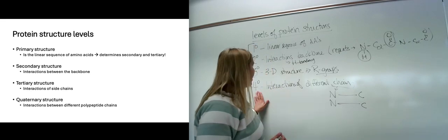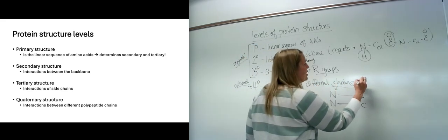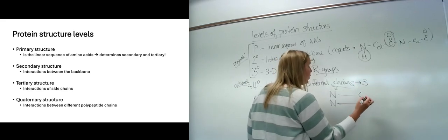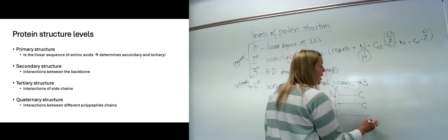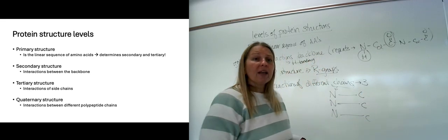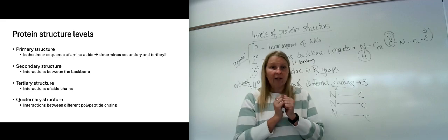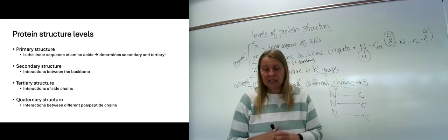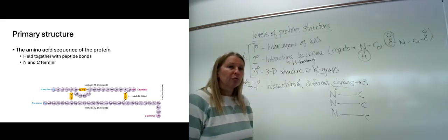So if you have quaternary structure, you might have, let's say, 3 different chains. Then you're going to have 3 N-termini, and 3 C-termini. They might not all interact exactly the same, but we know that those 3 different polypeptides have to come together to create the entire protein. So these are the 4 levels of protein structure.